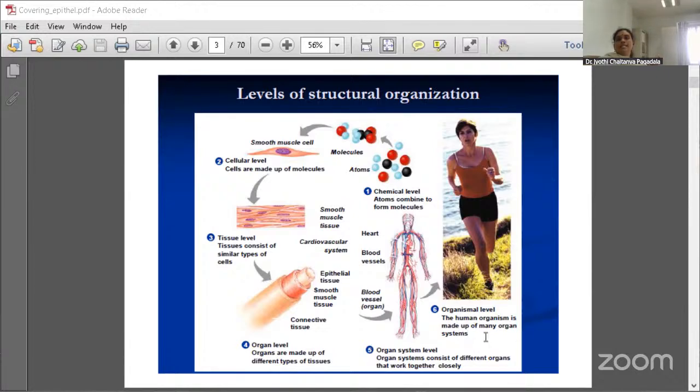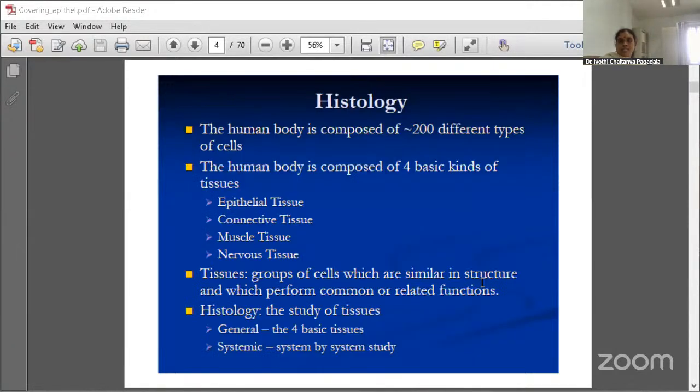The human organism is made up of many organ systems. Here we will take the human as a model organism to explain the organismal level of structural organization. As we just discussed, the human body is composed of 200 different types of cells with four basic kinds of tissue: epithelial tissue, connective tissue, muscle tissue, and nervous tissue.